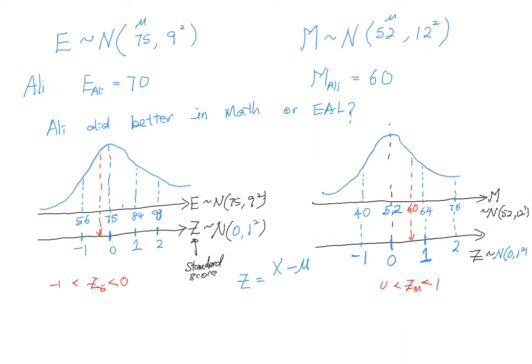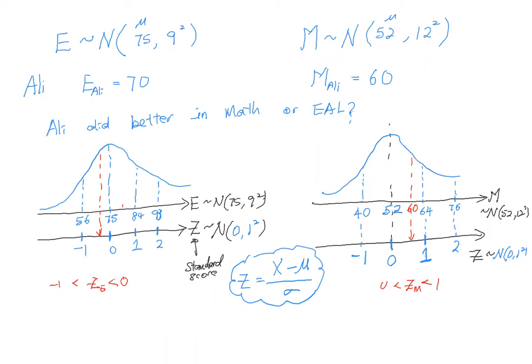Then how does 84 become 1? I take away the mean, so I get 9. If I divide by 9, I get 1. So divide by the standard deviation. This is the formula that you have to remember for converting any score to standard score.